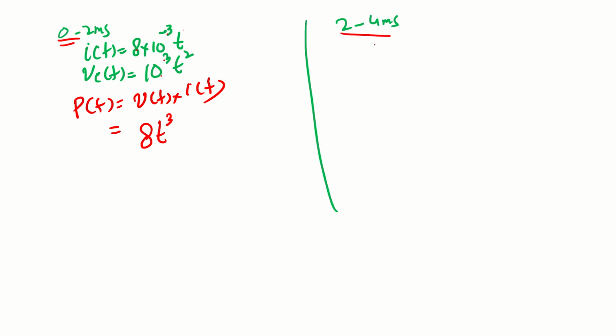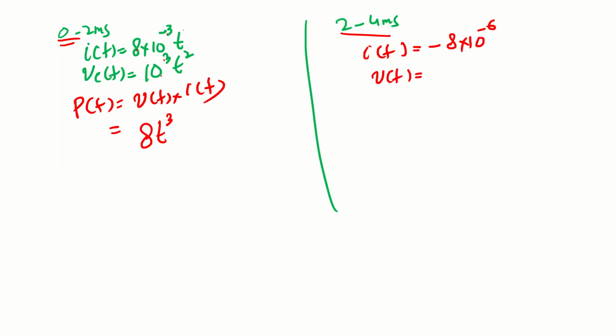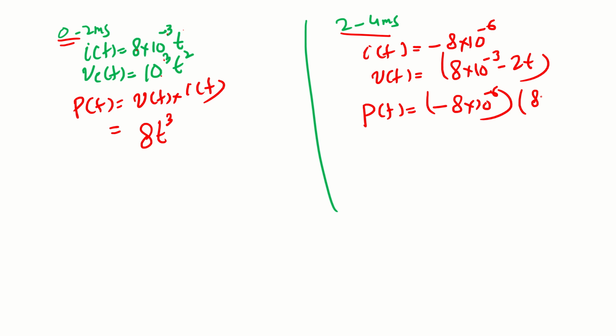Now let's look at 2 to 4 milliseconds. Our current is minus 8 micro, a constant, and the voltage we just found is 8 times 10 power minus 3 minus 2t.